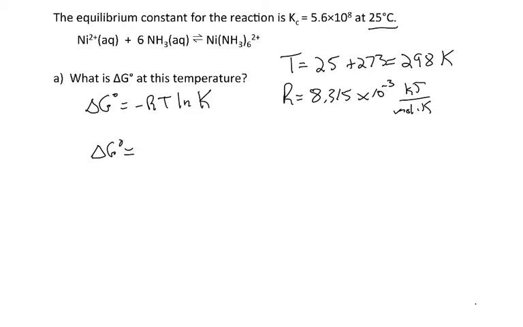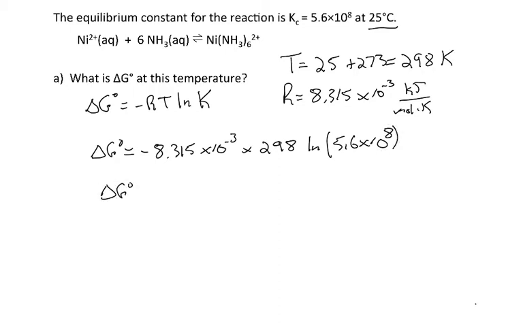So if I plug my numbers in, my delta G naught will come out to be negative 49.9 kilojoules per mole.